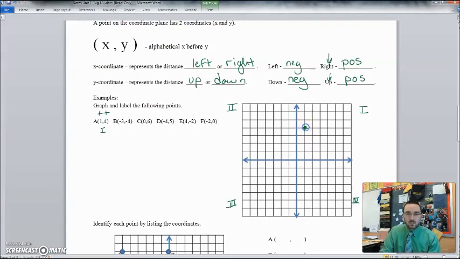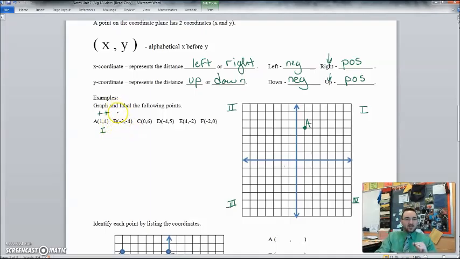Right there. That is our ordered pair. This is letter A. Again, it's positive, right 1, and then positive 4, up 4. We always start from our origin, the center point. It's the focal point of our entire graph. It's where we're going to start every single time.